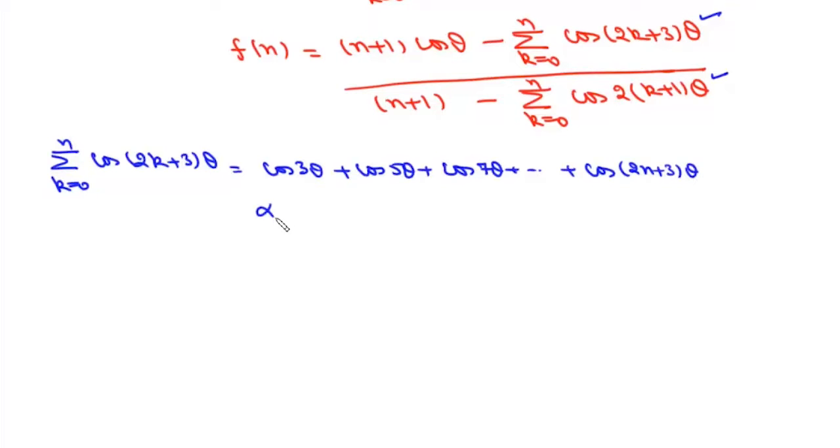Now in this case, the value of alpha is 3 theta and the value of beta is 2 theta. That's your common difference. We know that the sum of this series is sine(n beta by 2) upon sine(beta by 2), into cos(alpha plus (n minus 1) beta by 2).